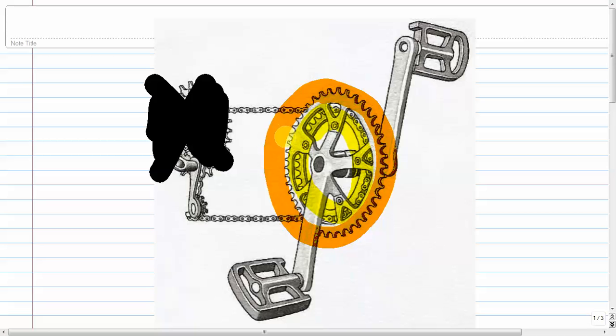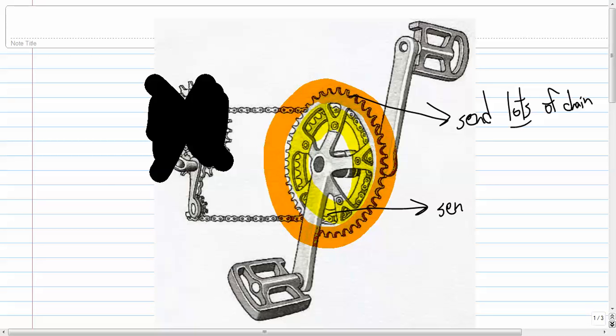Why would a bicyclist choose one over the other? Well, think about how much chain these things send. If you choose the large gear, every time you pedal, you're sending lots of chain toward the back tire. And if you choose the smaller gear, the smaller chain ring, you're sending a lot less chain to the back.